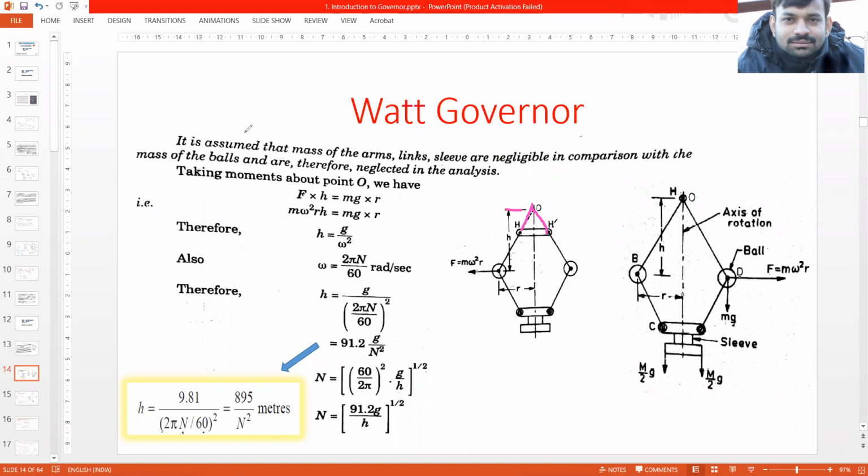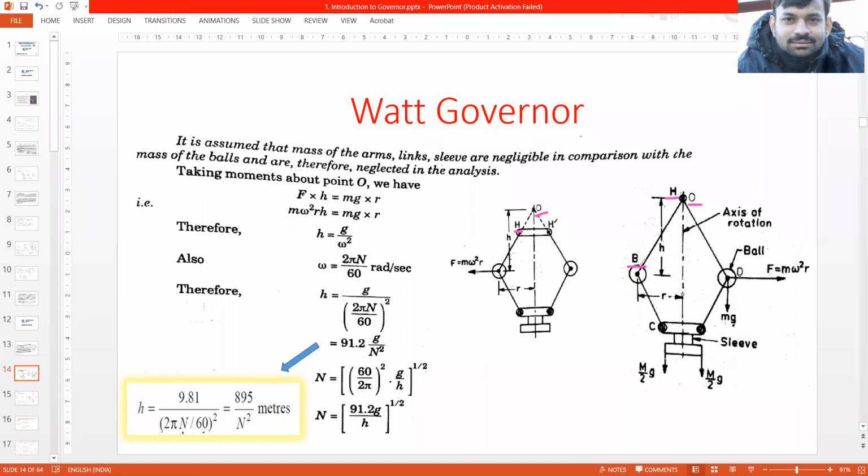Now, in order to balance the forces, as their lines of action are different, one force is acting like this and another is acting like this, so they have different lines of action. So we'll take moments to write the balancing equation. The topmost point is O, and for ease of drawing, O and H coincide.